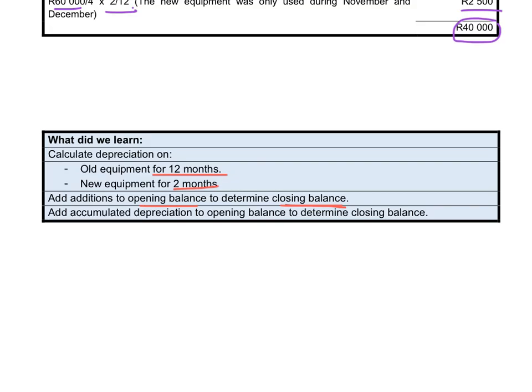You will add the accumulated depreciation opening balance to the depreciation of the current year to determine the closing balance of your accumulated depreciation at the end of the year. And this total accumulated depreciation will be deducted from the cost price to determine the carrying amount at the end of the year.